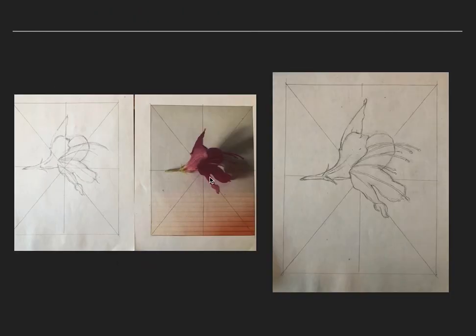So from there, I really tried to match up what was going on in each triangle part. And then once I really got that outline down, I began to erase some of my lines. So I'm erasing some of the lines through here. And then I completely started to erase all of the lines once I liked the flower in the position that it was in.